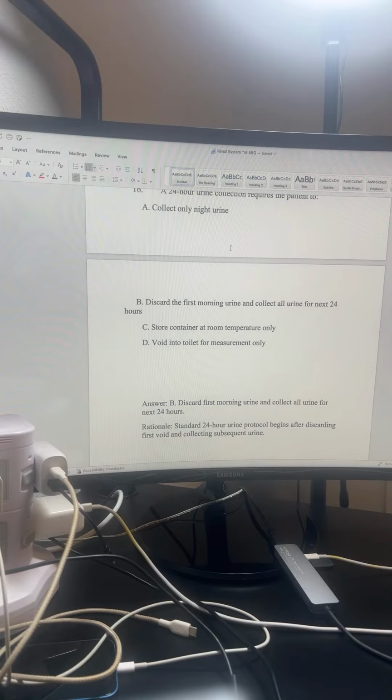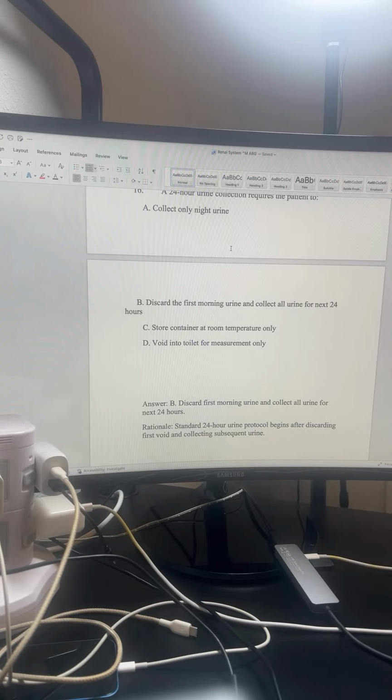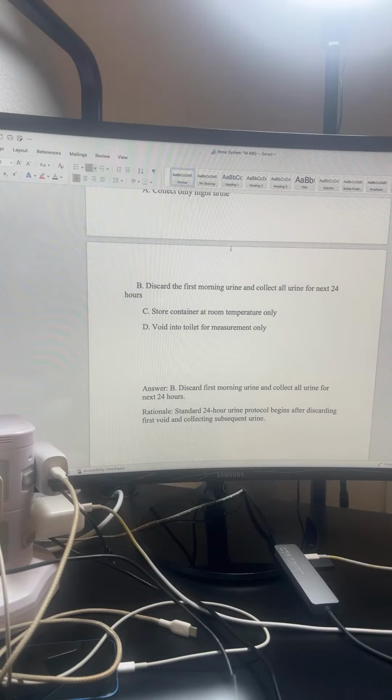So that's the standard. You want to make sure you're getting a clean catch throughout the day. The first part is usually contaminated, and then from there you go ahead and collect. So you discard first morning urine and then collect all the urine for the next 24 hours.